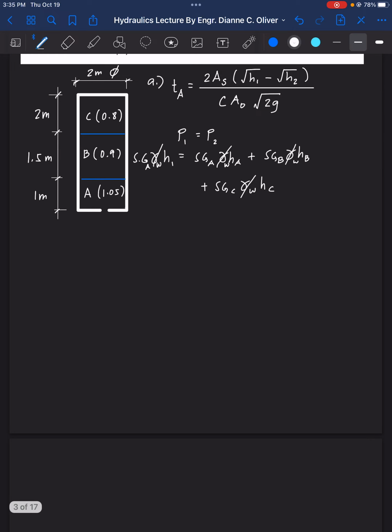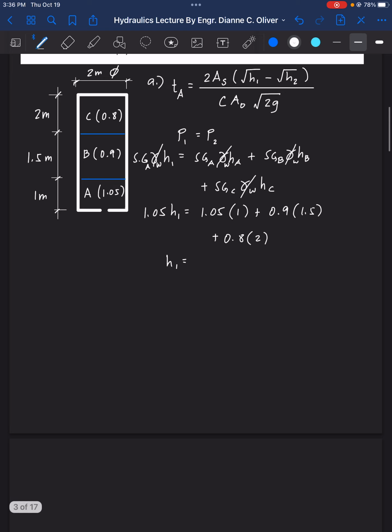So what's left here is the specific gravity of A, 1.05, times H1, equal to the specific gravity of A, 1.05, with a height of 1, plus the specific gravity of B, 0.9, with a height of 1.5, plus the specific gravity of C, 0.8, with a height of 2 meters. So we have the equivalent height.